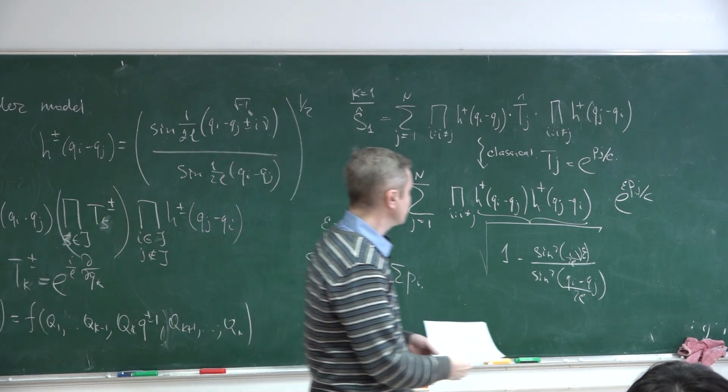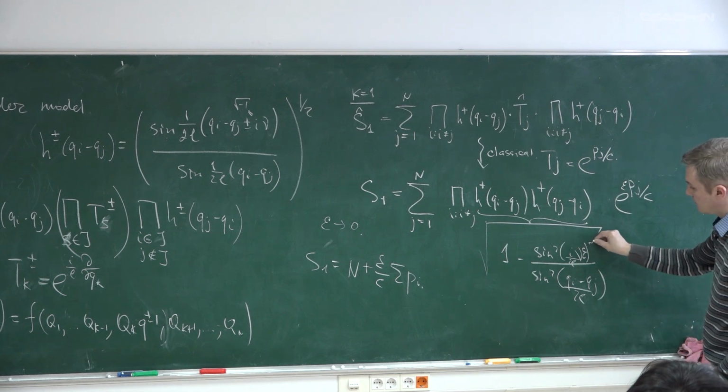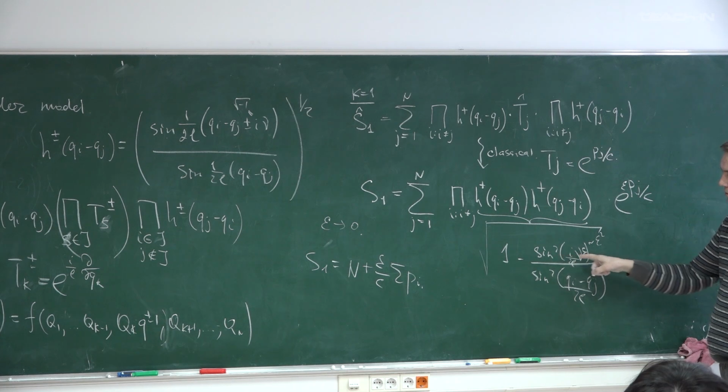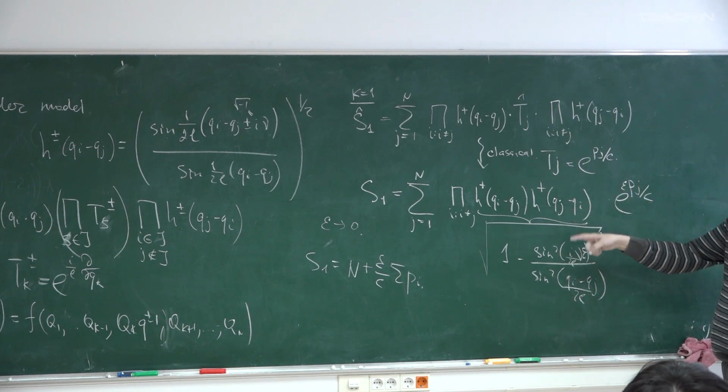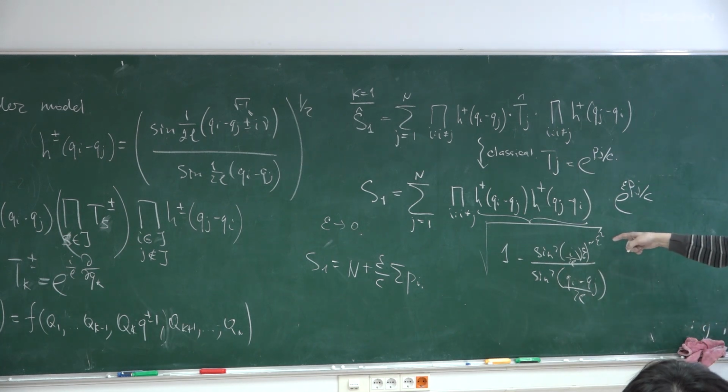How does it happen? Because here we have 1, and this is of order epsilon squared because of this sign here. And even if you compute the square root of this, nothing will change. This again will be of order epsilon squared.